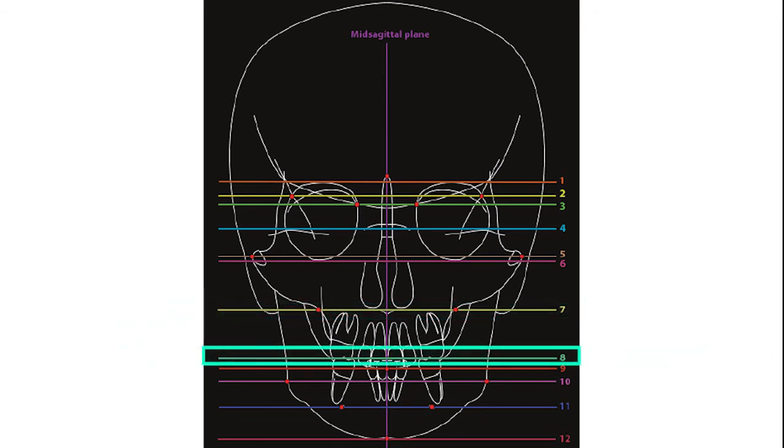The next is the occlusal plane. The transverse occlusal plane may be evaluated by a line connecting the left and right maxillary and mandibular buccal molar cusps. There may be separate maxillary and mandibular planes in the presence of lateral open bites.